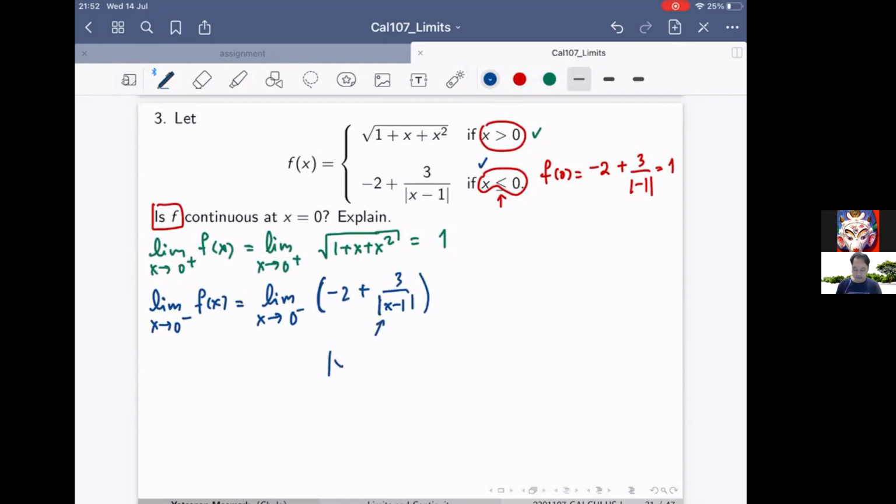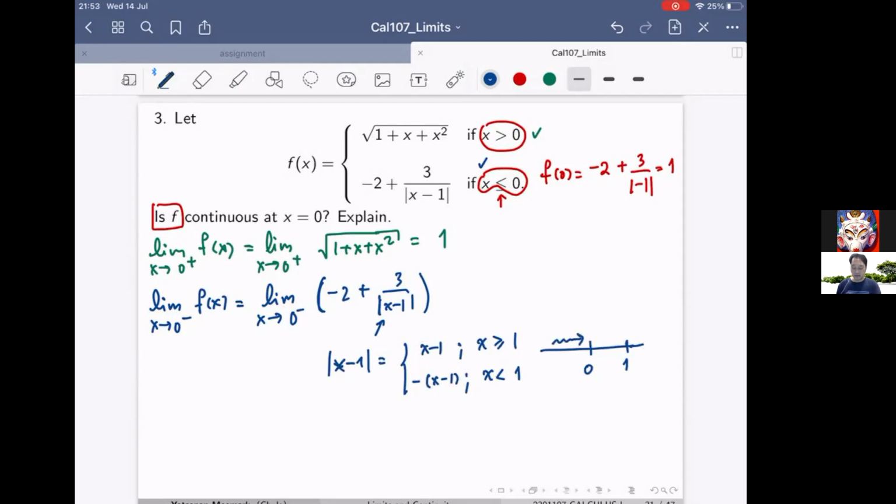However, this absolute value you may really need to consider a little bit. The absolute value of x minus 1 can be this one if your x is greater than 1, and can be the negative of this one if your x is less than 1, right? And right now we are considering 0. The 1 is right here, and we are going to 0 from the left.